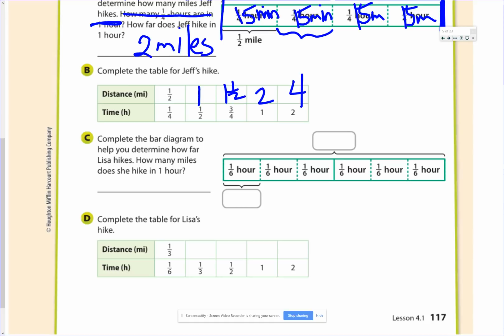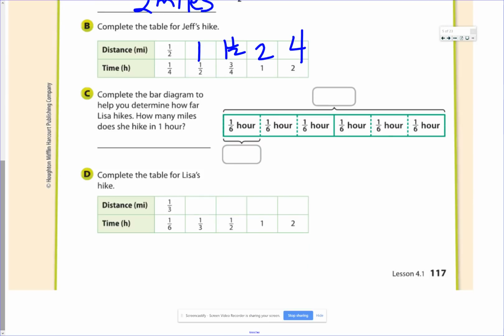Now let's look at this same idea for Lisa. This is where Lisa was going every 10 minutes, 10 minutes, 10 minutes. And what happened with her? Every 10 minutes, she travels a third of a mile. And if we start adding all of those thirds up, we just discovered she went 2 miles.